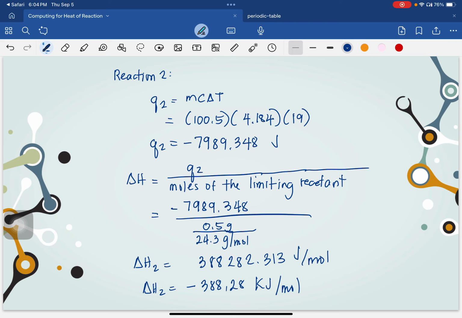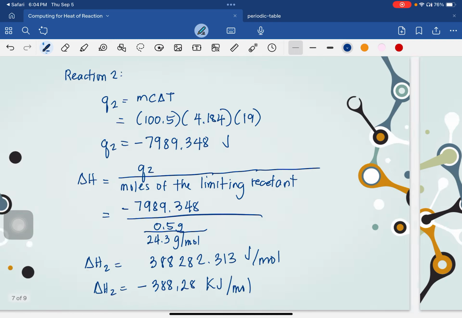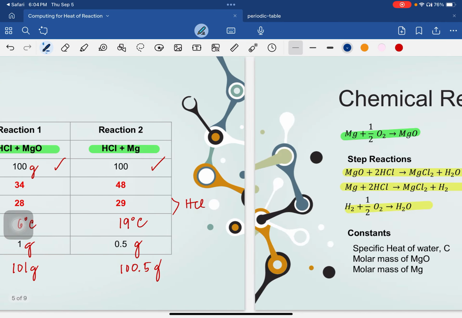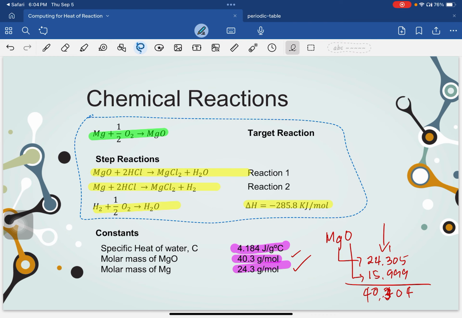So after which, what do we do next? Then we have to use our Hess's law. The total heat of reaction using the step reaction. So our target, remember, we said the target reaction is this one. Let's just copy it so that we don't have to write the whole thing all over again.